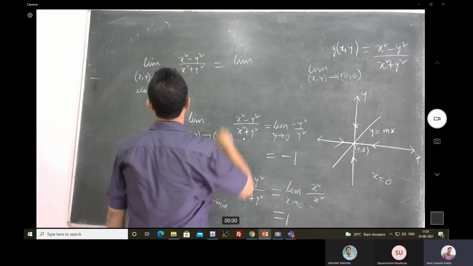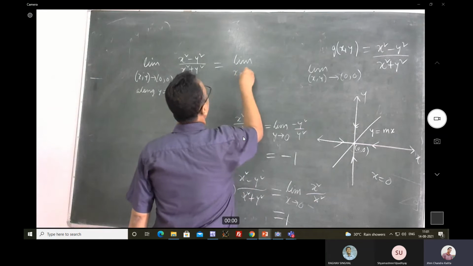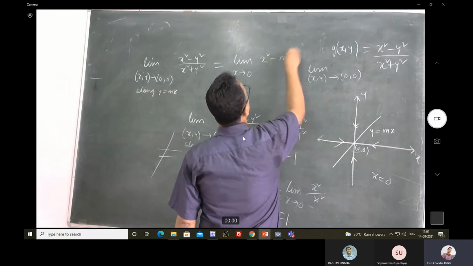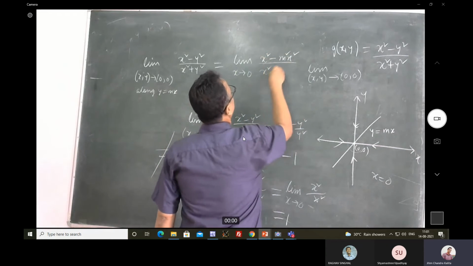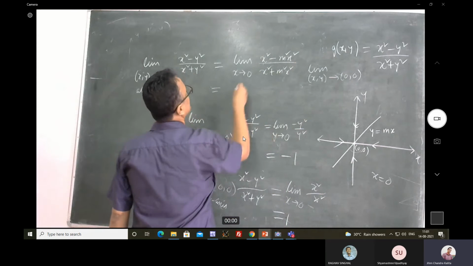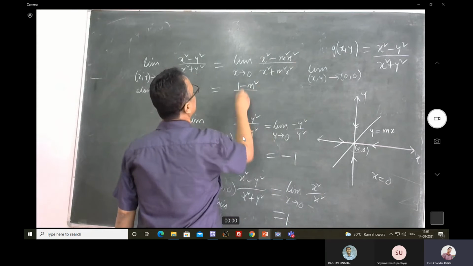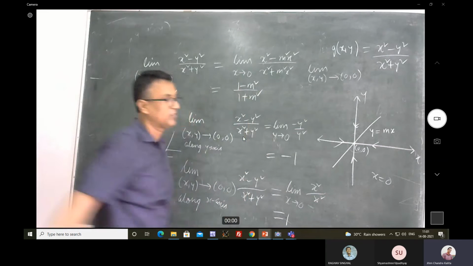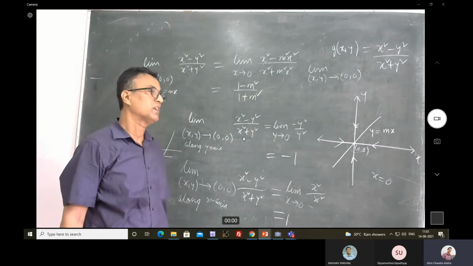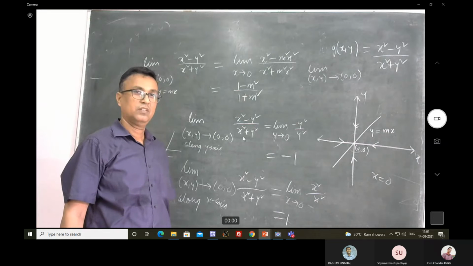Then x tends to 0, and for y I simply replace it with mx. And then this would have given you (1 minus m squared) divided by (1 plus m squared), isn't it? For different values of m, you will get different values of that limit.